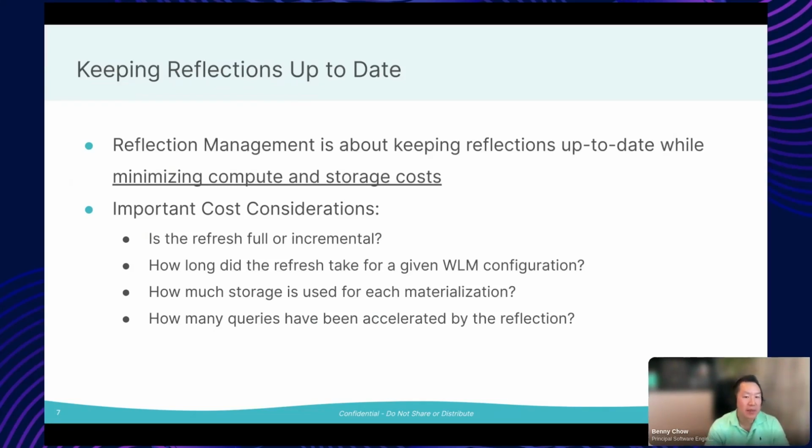Another important topic is how much storage you are using for each materialization. It's not uncommon for your materialization tables to be 100 gigabytes of disk space. But keep in mind that a reflection is not just 100 gigabytes. Oftentimes you'll have a 100 gigabyte reflection sitting on S3, but in the background there's another reflection being built or materialized with the latest data.